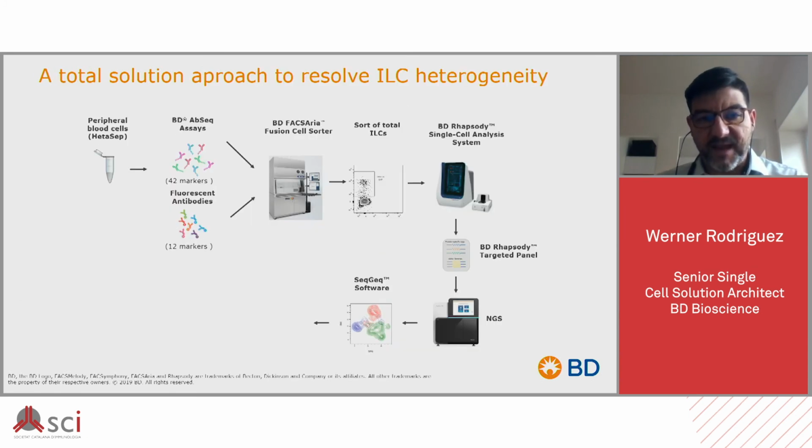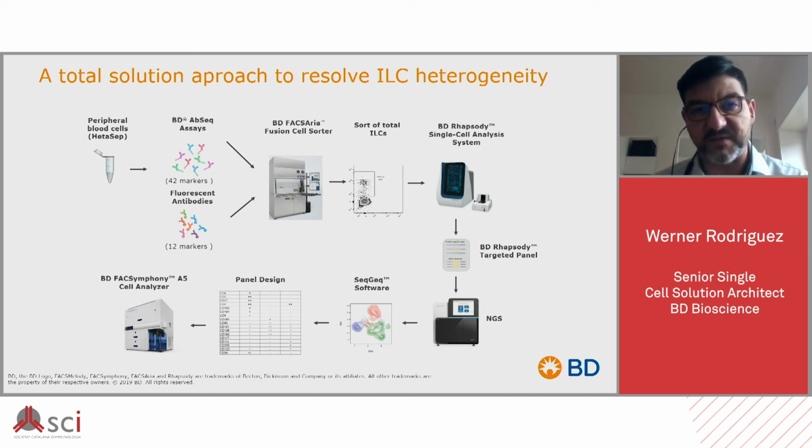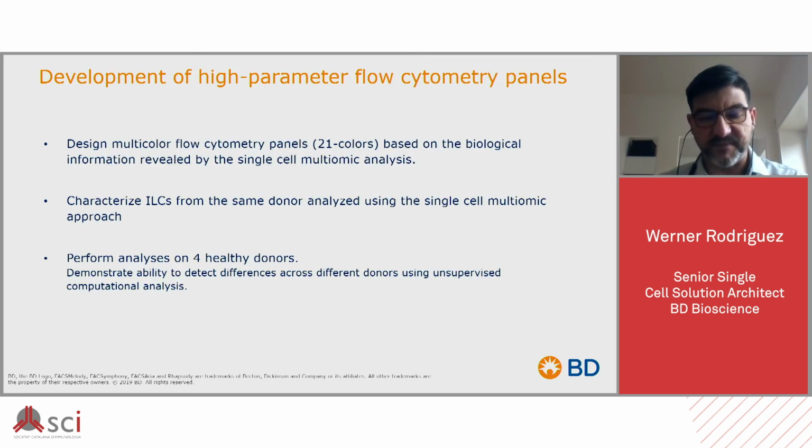So at the end of this process, all the data collected and analyzed in our software has been used to fine tune a specific high throughput, high parameter panel for flow cytometry, and for that analysis, increasing our sample cohorts, we have used the BD FACSymphony A5.6 cell analyzer.